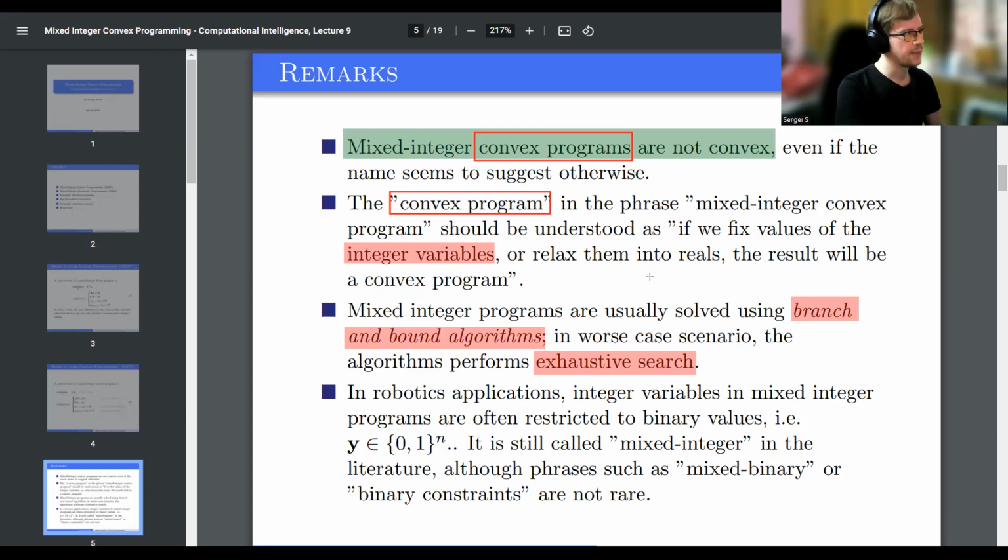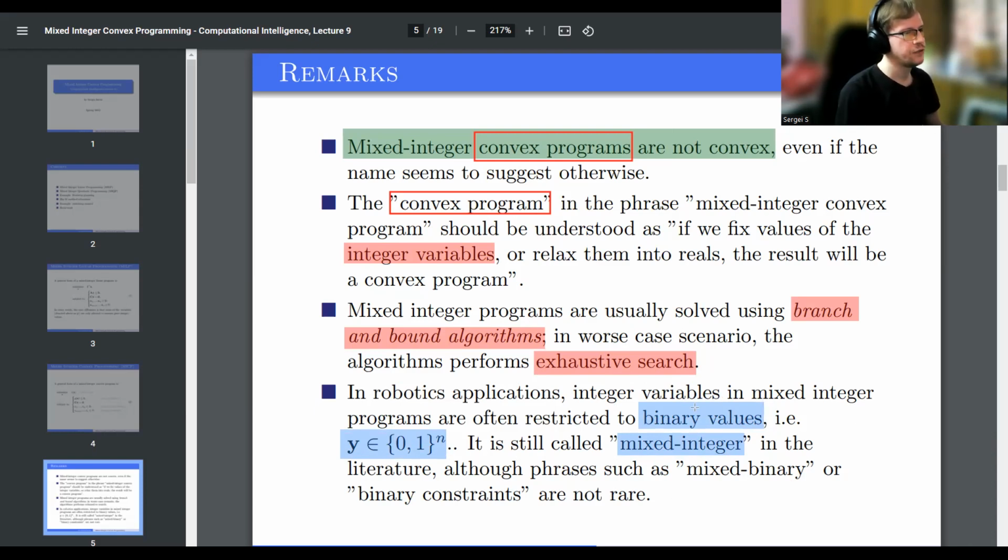That is the situation. Okay, now in robotics applications, mixed integer variables are often replaced with binary variables. So we often only discuss variables which are either 0 or 1. We don't discuss mixed integer variables, we discuss binary variables. And that is extremely typical. We still call it mixed integer, but it is actually mixed binary.